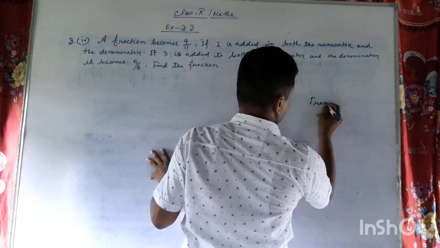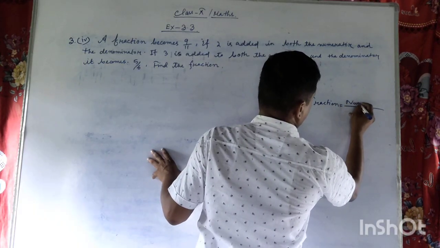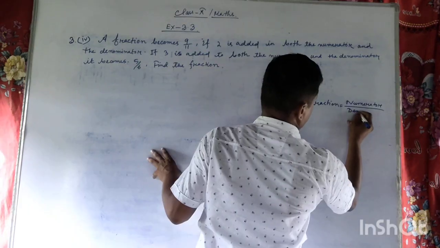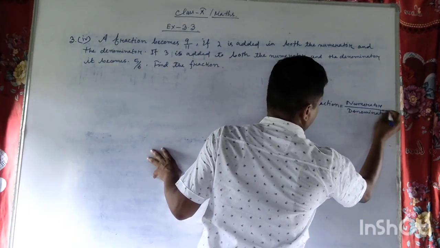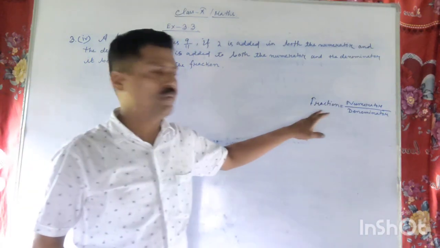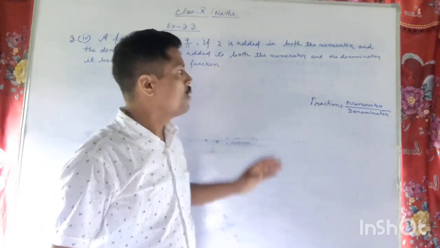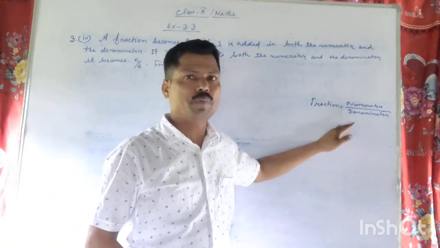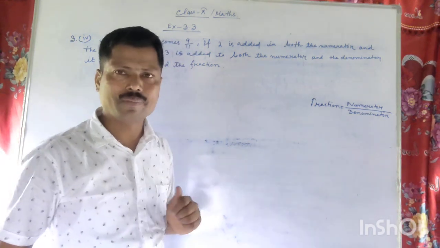So we know this fraction. How can we write it? Fraction is equal to numerator divided by denominator. So if we let the numerator be x and the denominator be y, then the fraction will be x by y.